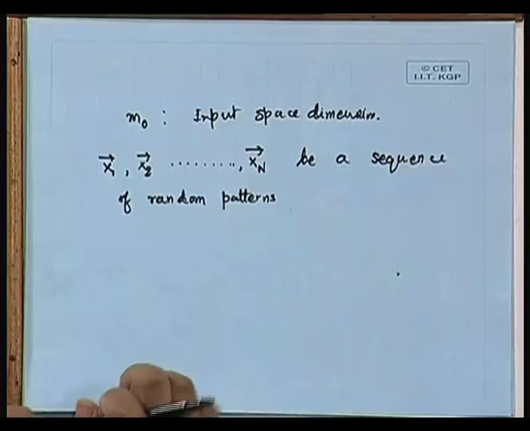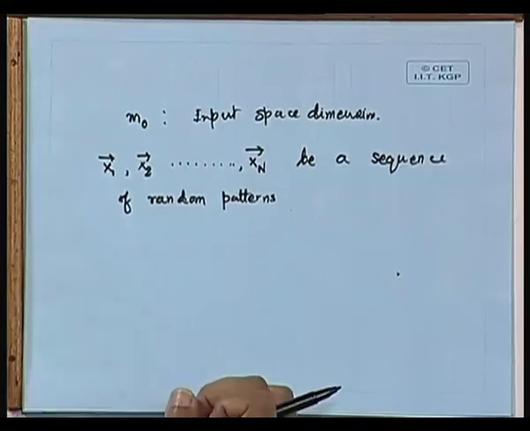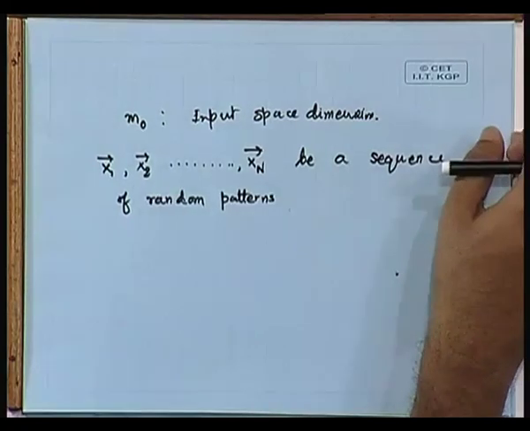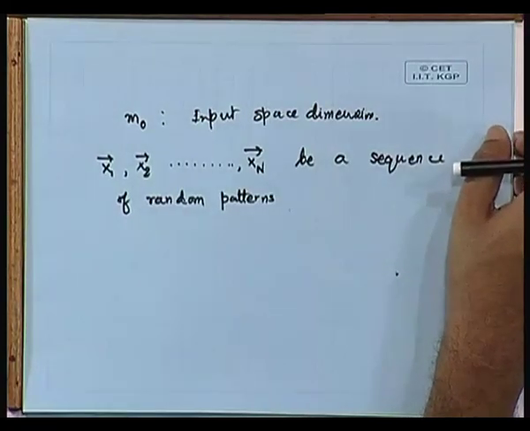Now, we would like to know, if we keep on increasing this n, then what is going to happen with the probability of separability. You remember that in the last class we studied the probability of separability from a different standpoint.